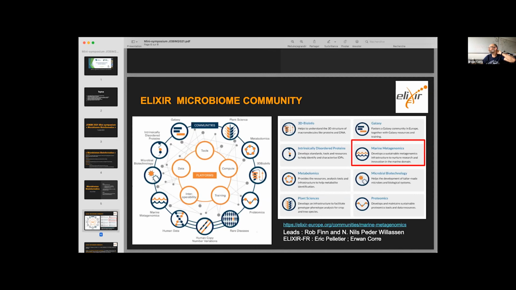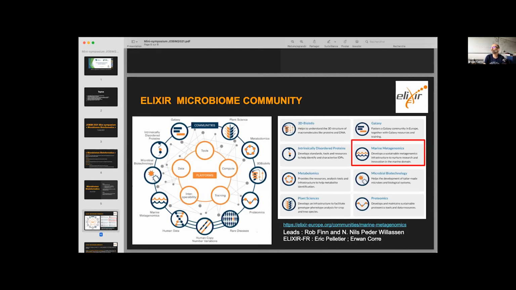We provide services for different communities, and the marine metagenomics community is one of the, let's say, 8, but I think there are more than 8 because there is a specific community for human data. So it's maybe around 10 or 11 communities.